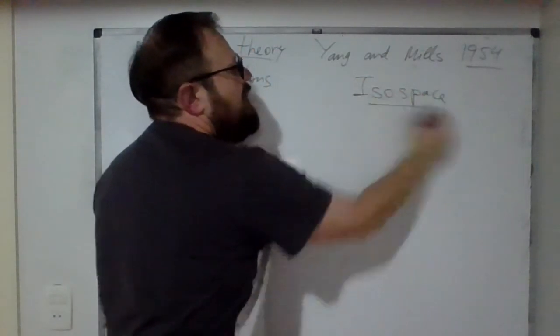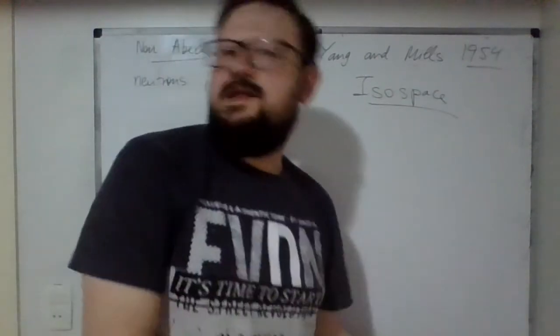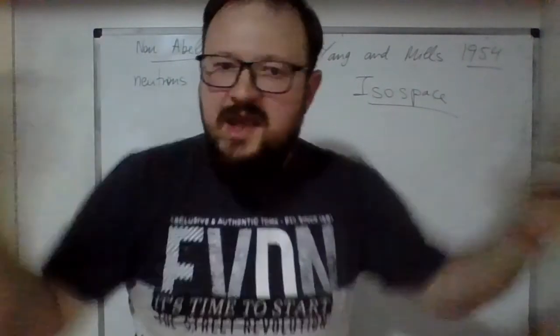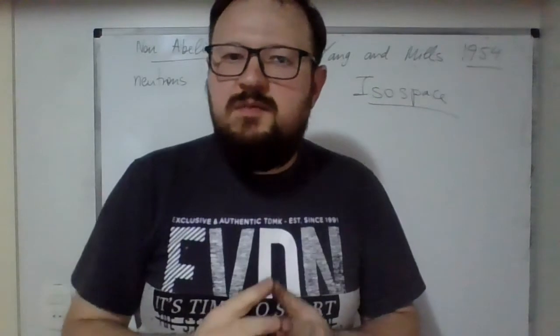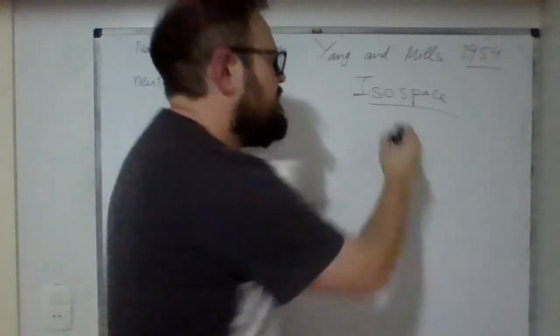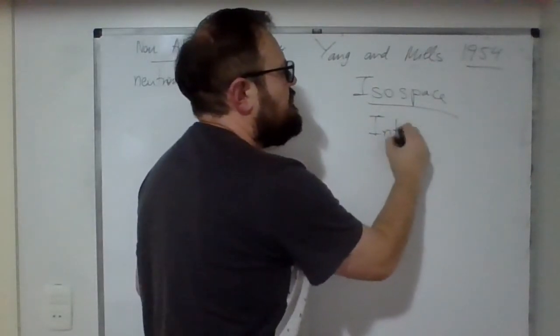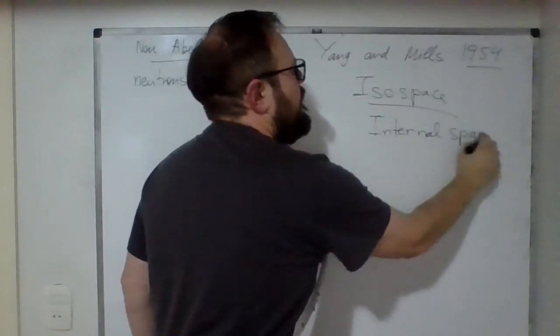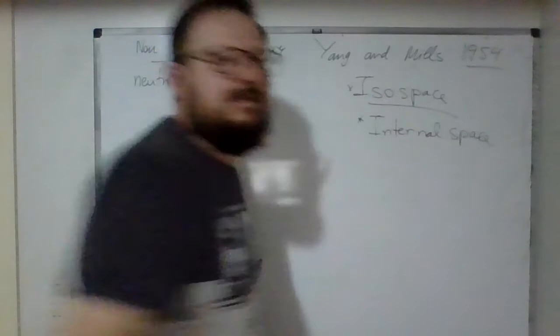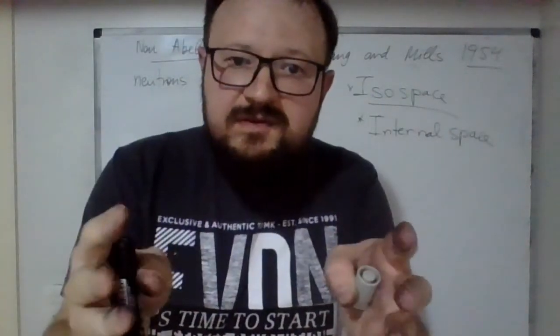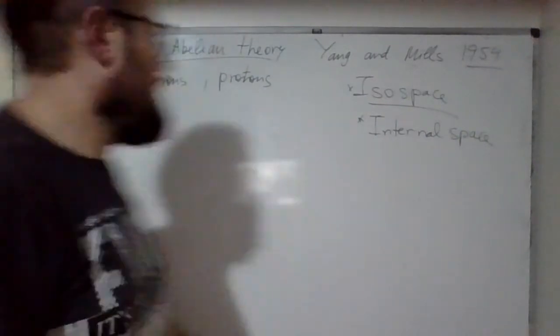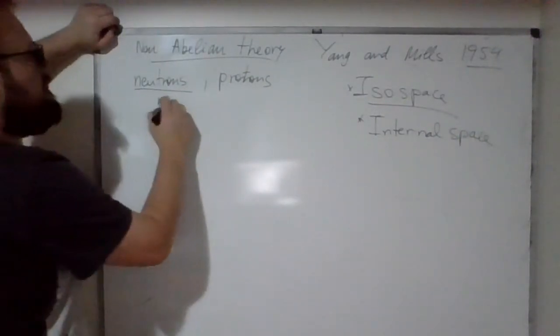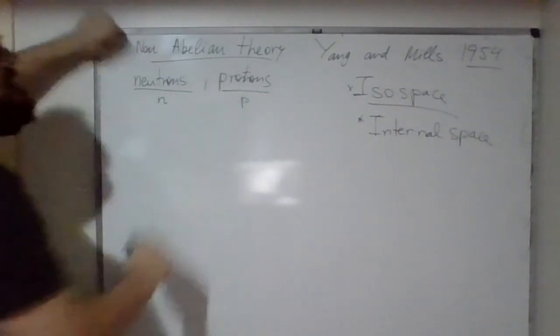It is not the space of coordinates, but you can define some internal space, and mix objects into another object, right? So neutrons and protons, call it N, call it P, right?